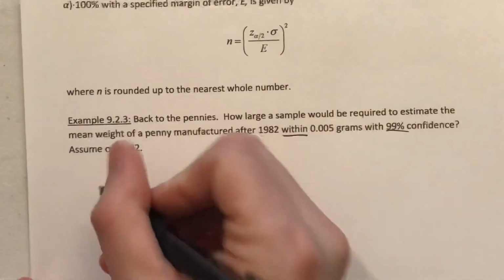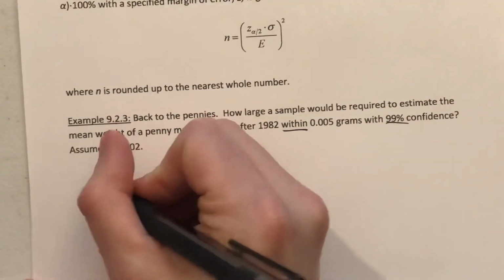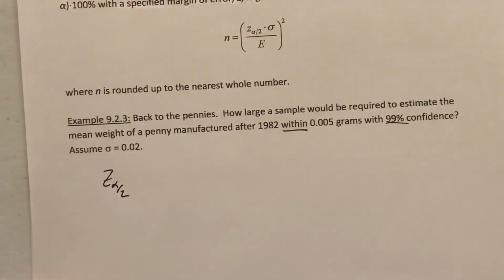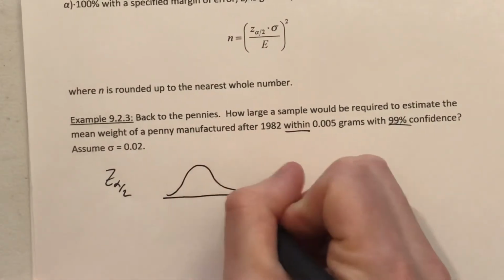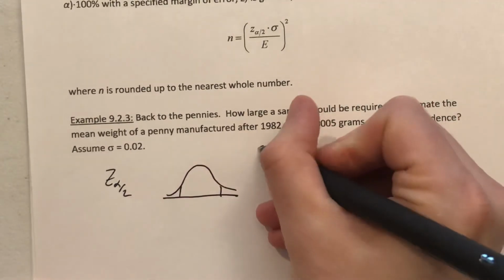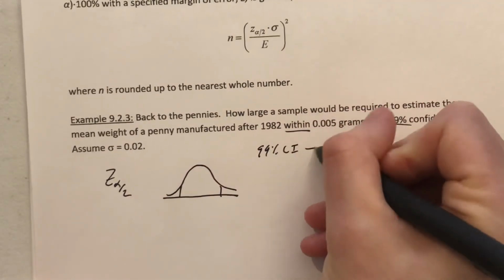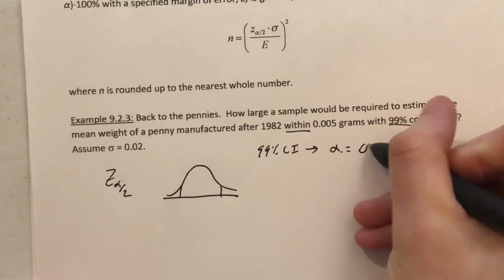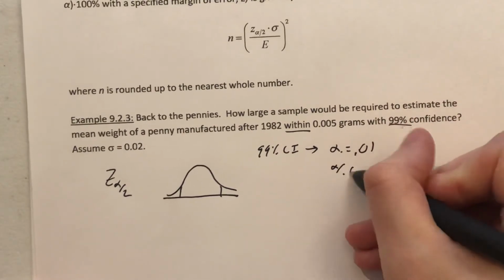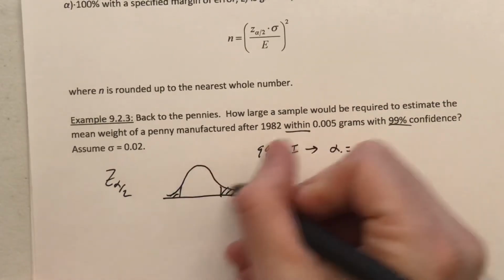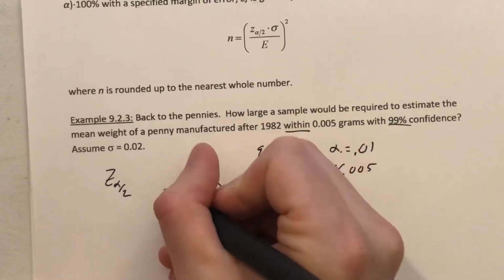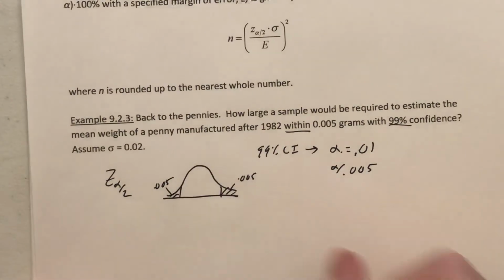So to find our z alpha over 2, we have a 99% confidence level. So alpha is that 0.01, and half of that is 0.005. So these tails are very tiny and have 0.005 as the area in them.